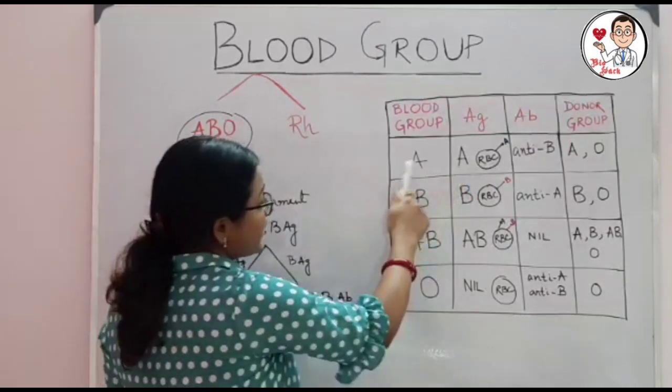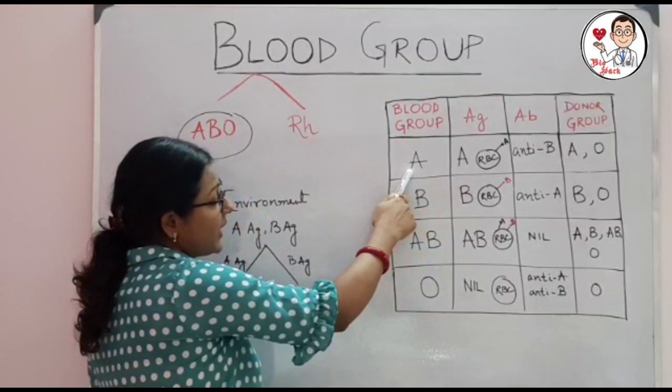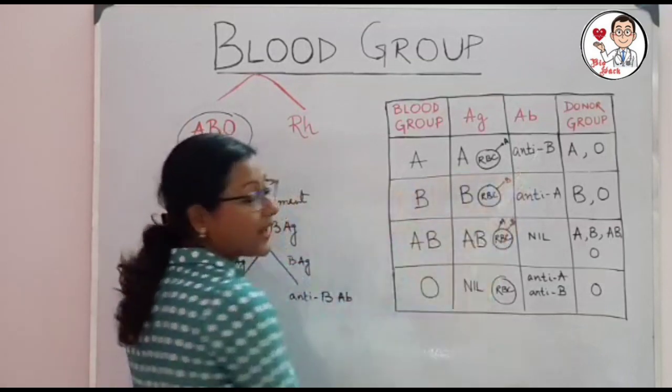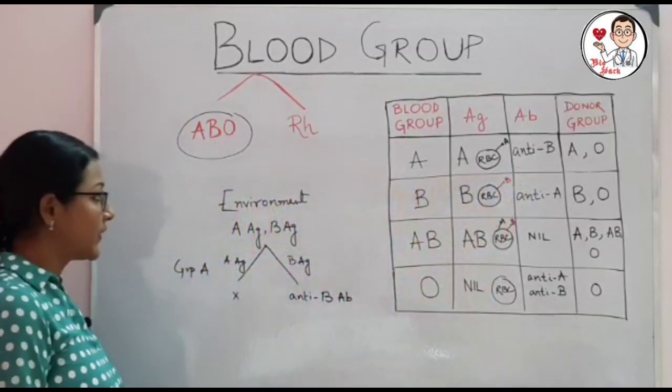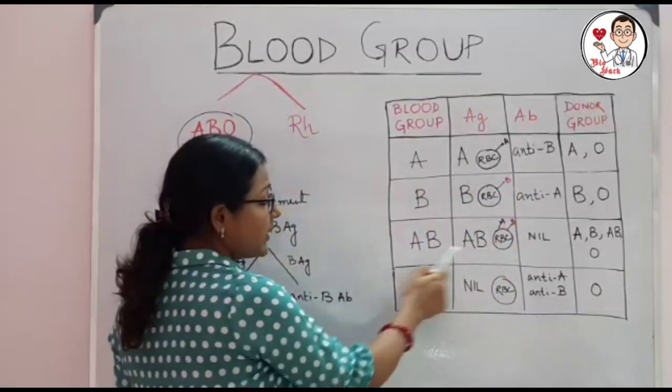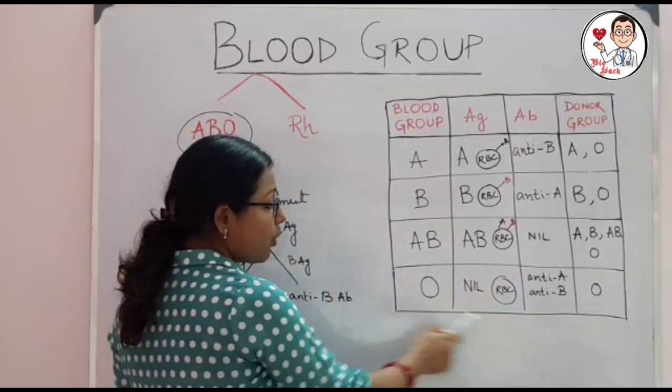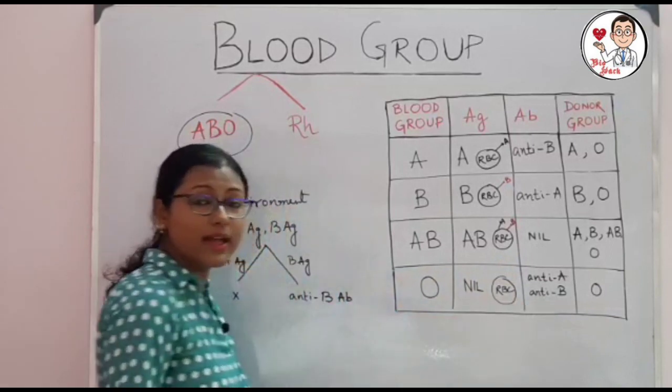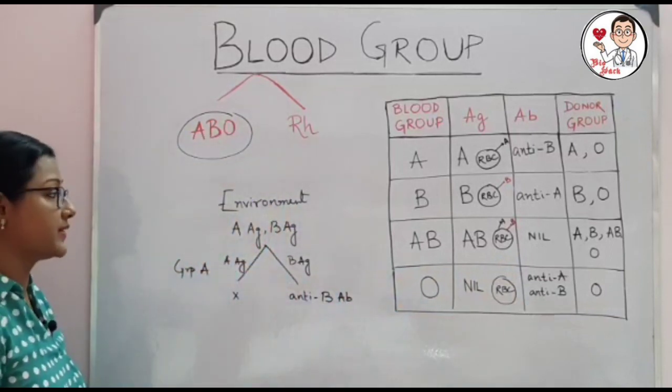So, is it clear why A blood group has anti-B antibodies? And similarly, B has anti-A antibodies, AB does not have any, and O has both anti-A and anti-B antibodies.